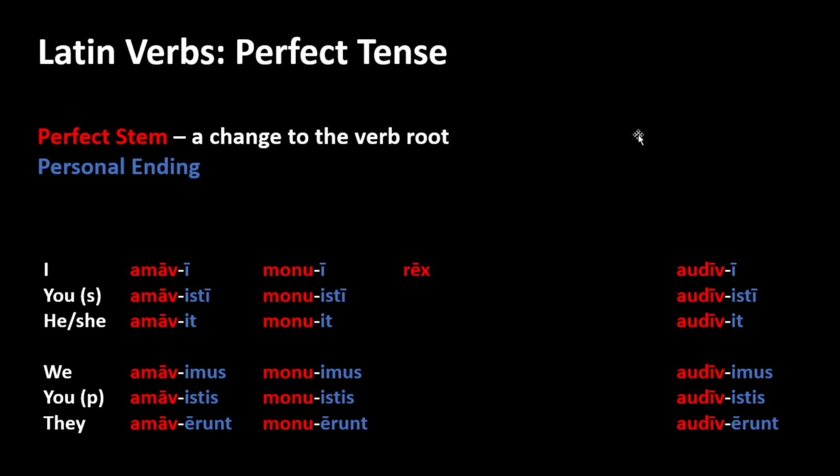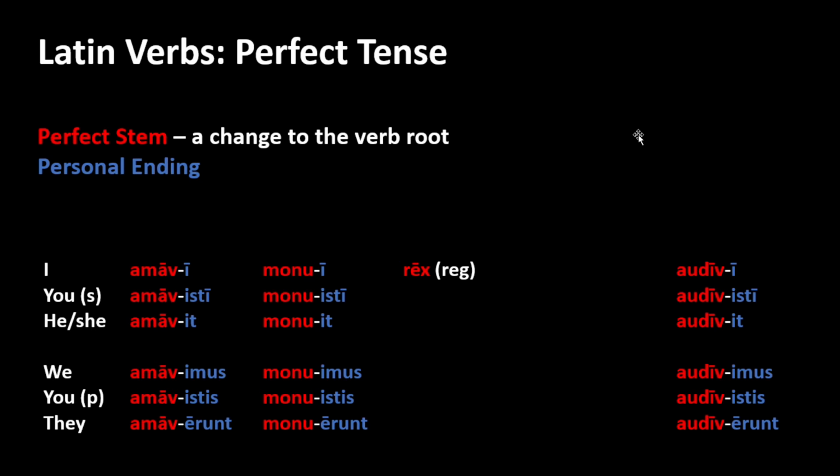Rex. Remember the root that you'll have seen in the earlier lessons in this course will have been reg. The perfect stem is not made by adding a connecting vowel or a tense marker necessarily. It is made by a direct change to the root of the verb.